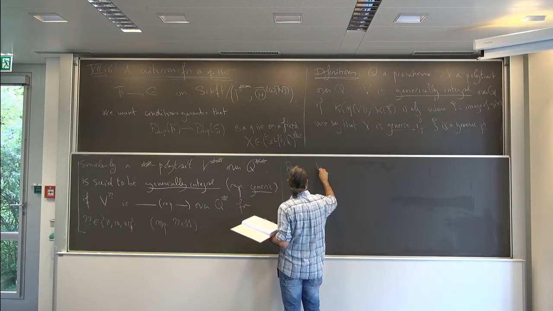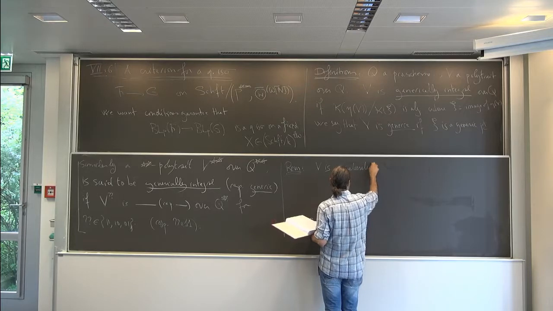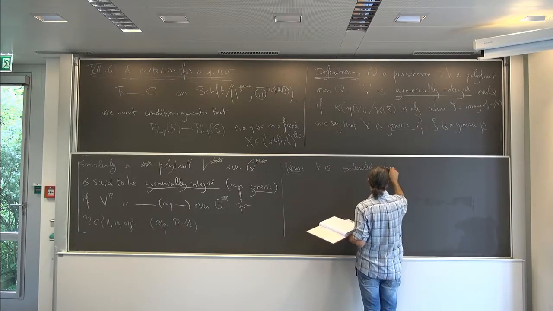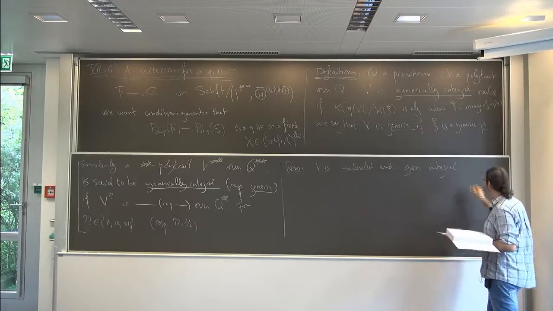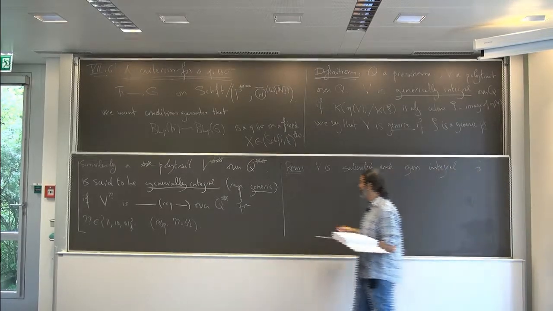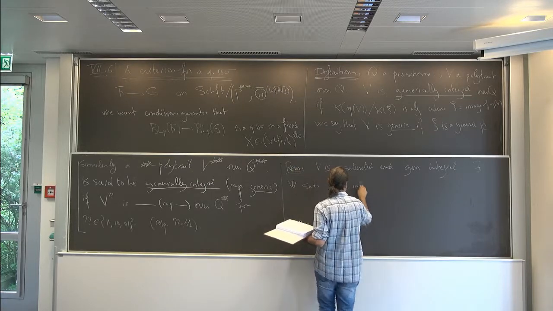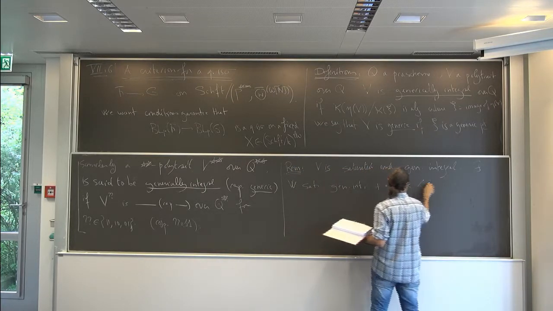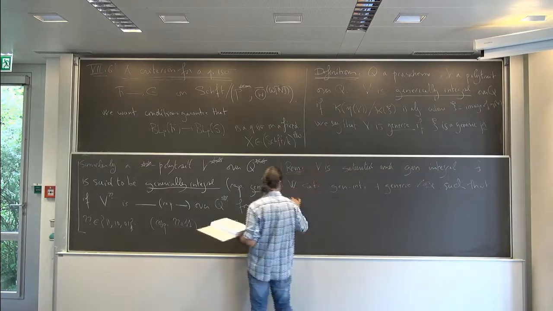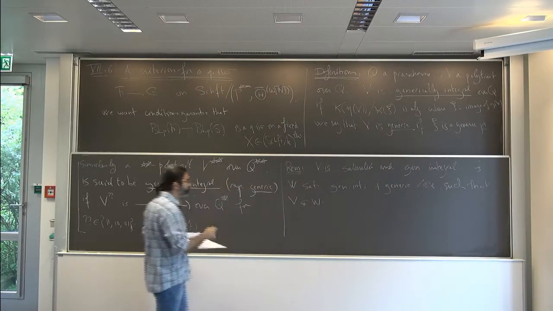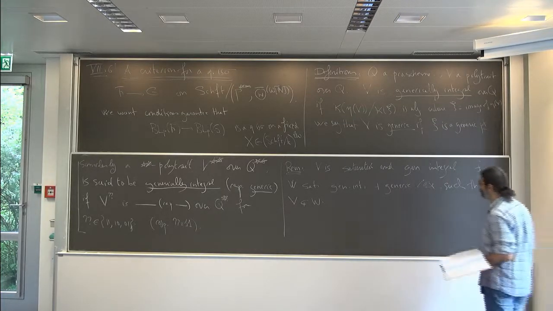So assume that V is saturated and generically integral over Q. Then there exists W, again a polytray, which is saturated, generically integral plus generic over Q, such that V is a closed subset in W. Okay, so whenever you have a saturated generically integral polytray, you can extend it to one which is also generic.